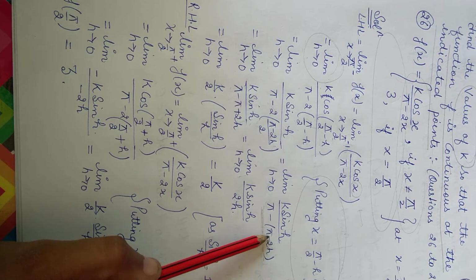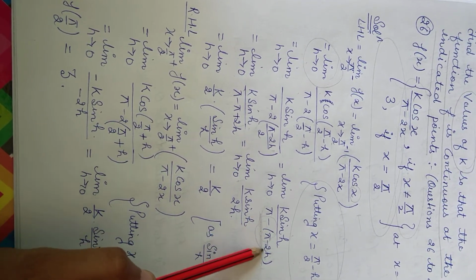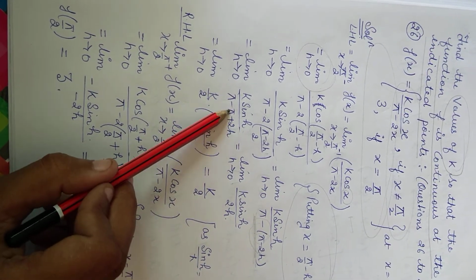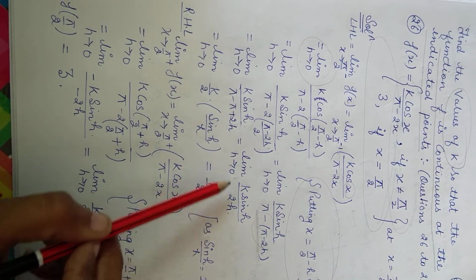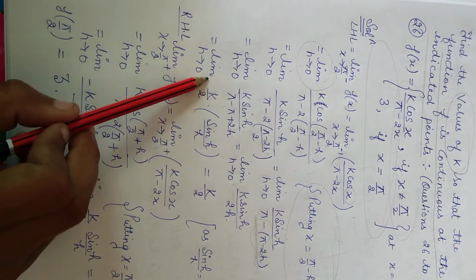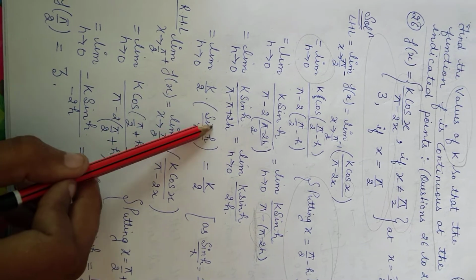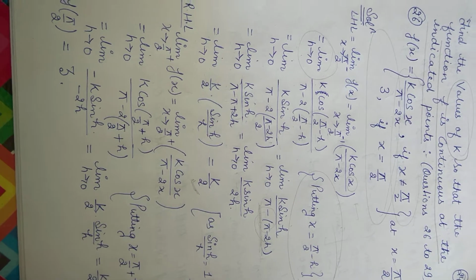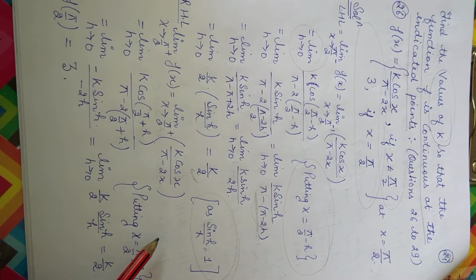When I will open the bracket, this will become negative and this is already negative, so minus and minus will become positive. Now here this pi and pi will cancel out, so I will get limit of h tends to 0 k sin h upon 2h. So बच्चे your limit h tends to 0 is k by 2 sin h upon h, whose value is k by 2 finally, as your value of sin h upon h is equal to 1.